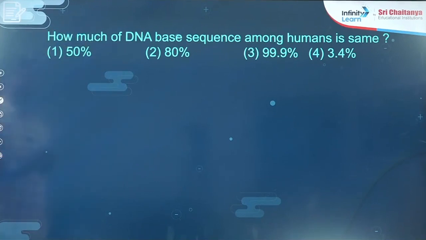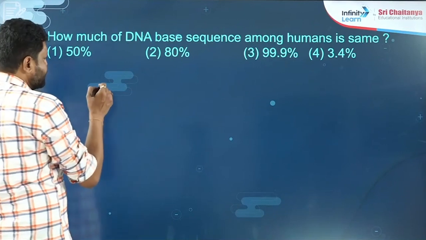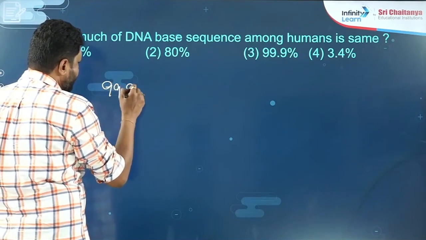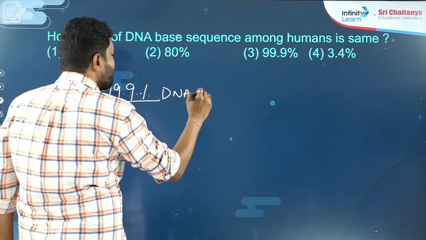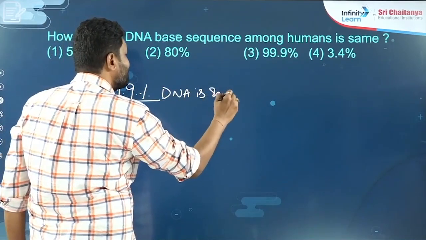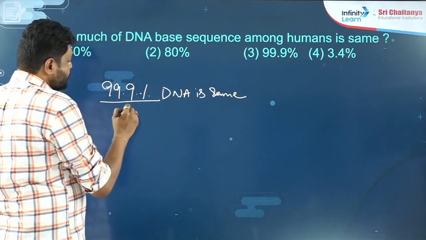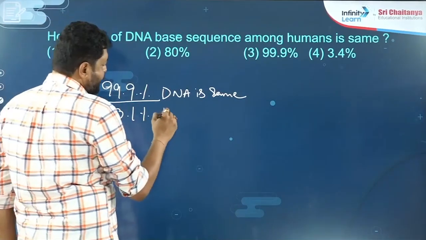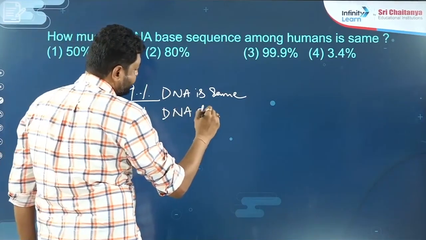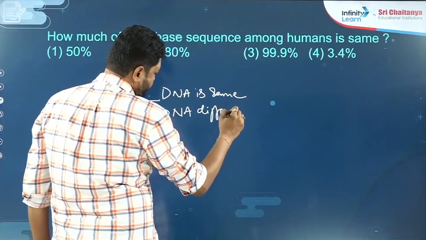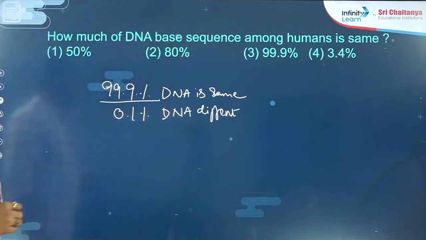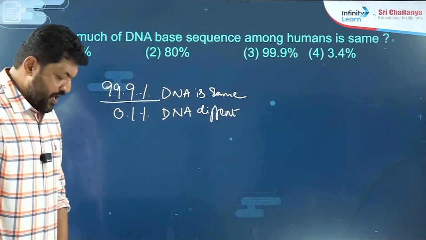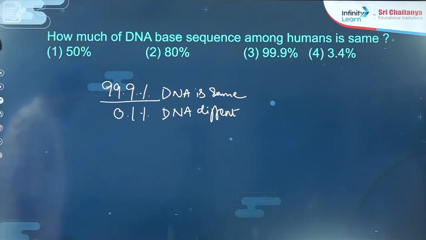So of all human beings, 99.9% of DNA is the same. 0.1% of DNA is different. 99.9% of the DNA in all human beings in the world is the same.